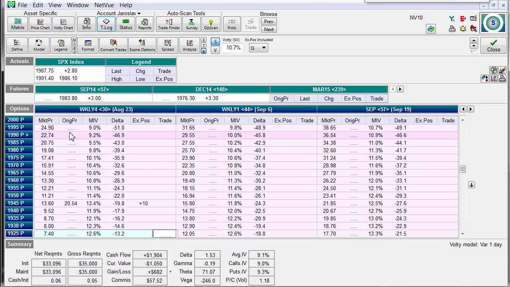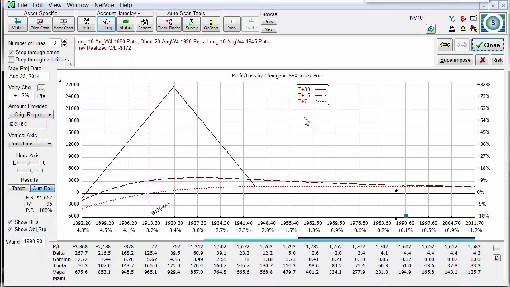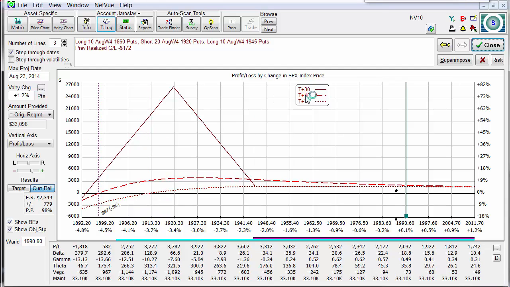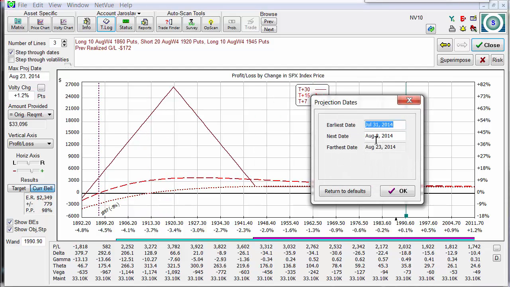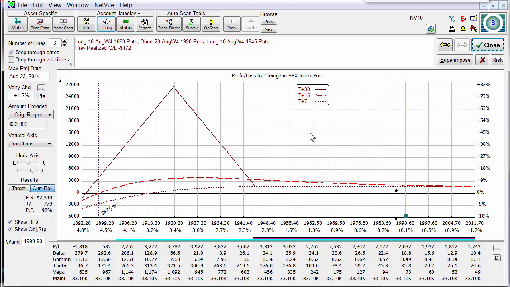Well, if we look at our put at-the-money volatility, 9.2%, if we add 1.5, that puts us up to 10.7. Just to be conservative, if it starts going down, here's what we have. In T plus 15, in 15 days, and if you right click you can see what date that is, August 8th, so two weeks from tomorrow, that's this line.